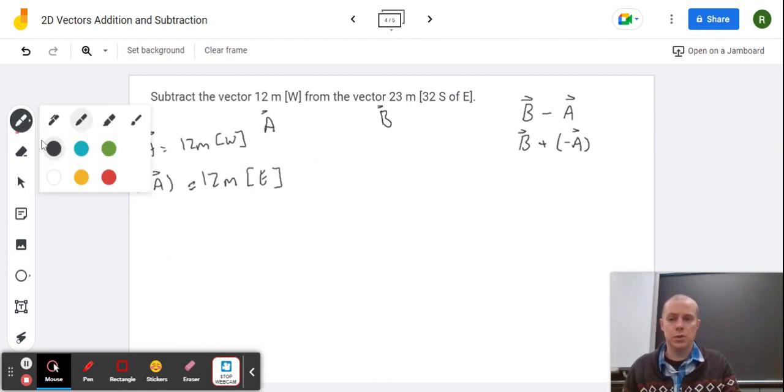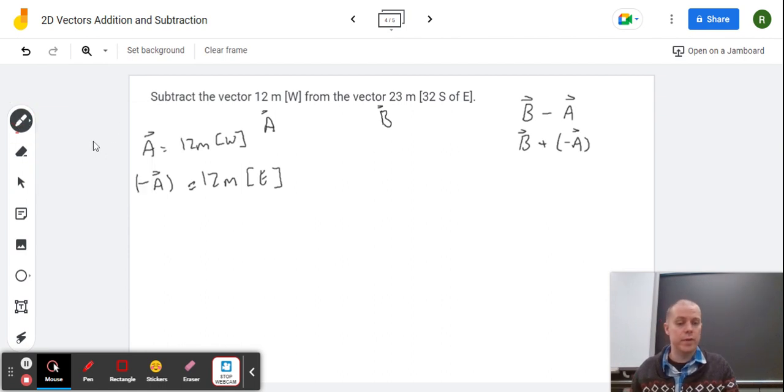Okay, now it's the same as before. Now we're just adding two vectors together. We're doing B plus negative A. So we have a vector that is 23 meters because we subtracted 12 from this one. So we're subtracting A from B, so B minus A, so B plus negative A. So I'll draw this vector for B here, and start with a little compass.